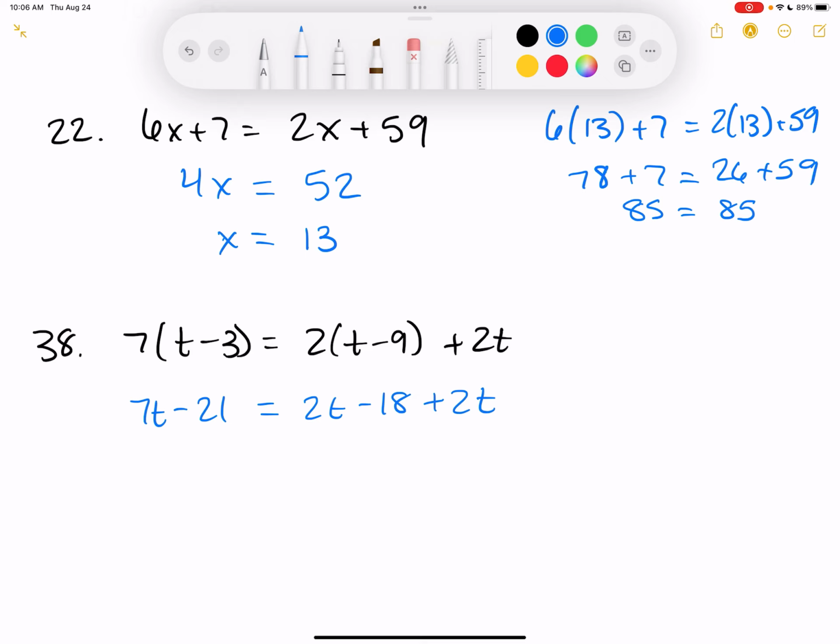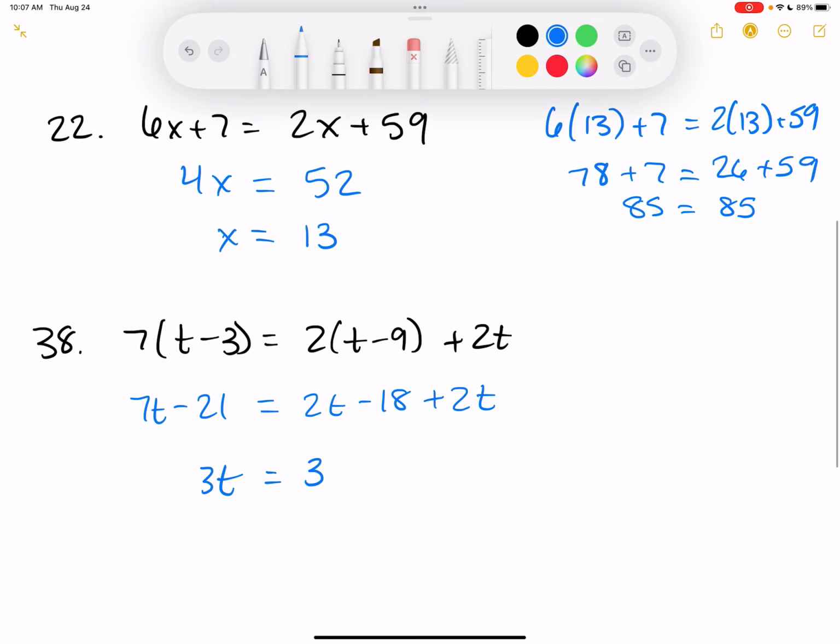Yeah, I like my variables to be on the left and my numbers on the right, but that's totally a personal preference. It doesn't have to be that way. I would go ahead and move, 2 plus 2 is 4, so I would go ahead and just subtract that over here and give you 3t, and then I would add the 21 over for me personally and give me 3, so t is equal to 1.